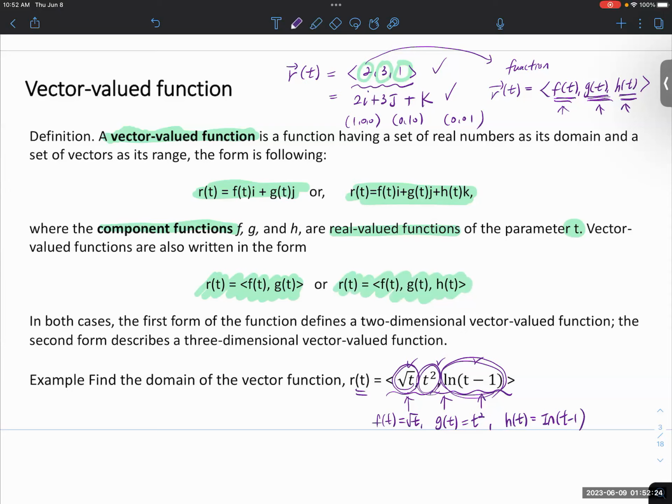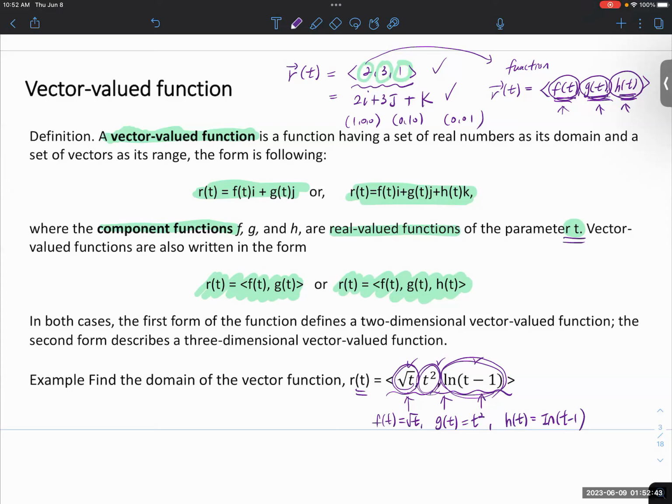So this is the vector valued function. One more time, this is not just a vector. Your component has a function form. Depending on the parameter t, the function is going to be changing because it's an input and output relationship according to the definition of the function.